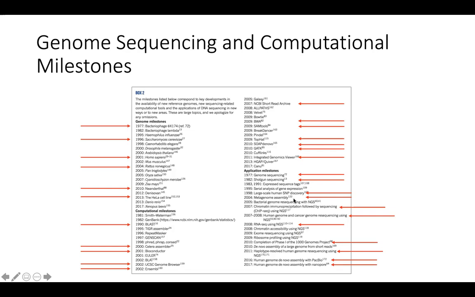In 2004, we had metagenome assembly. My understanding is that this is a genome assembly of microbiota, which means microorganisms that live in our gut, for instance, and inside the human body. And then in 2007, we had the first studies that used chromatin immunoprecipitation.